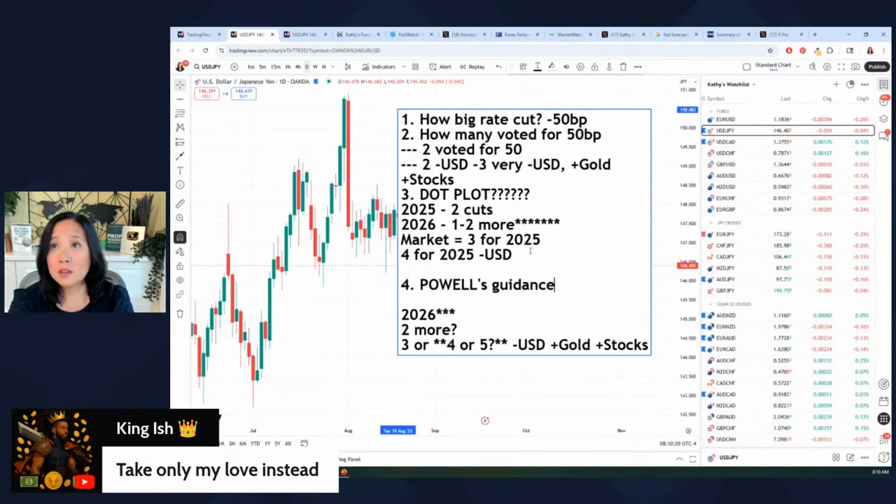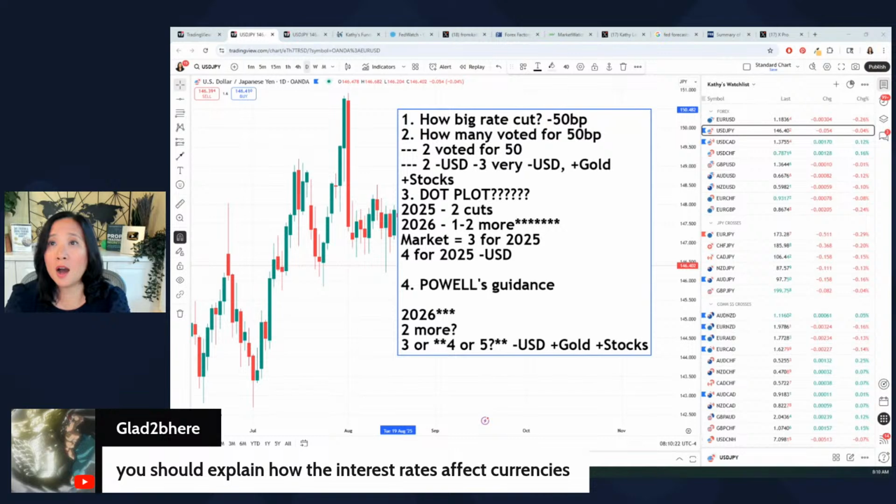guidance. Yes, I will explain this. What is Powell's guidance going to be? Is he going to confirm all this stuff here and agree with it? Is the dot plot going to show, like Kathy thinks, maybe 4 or 5? Probably 4, I think.